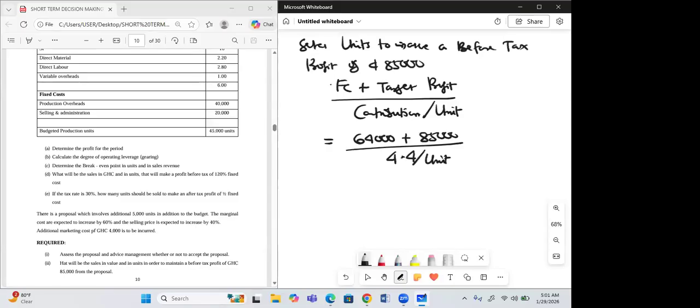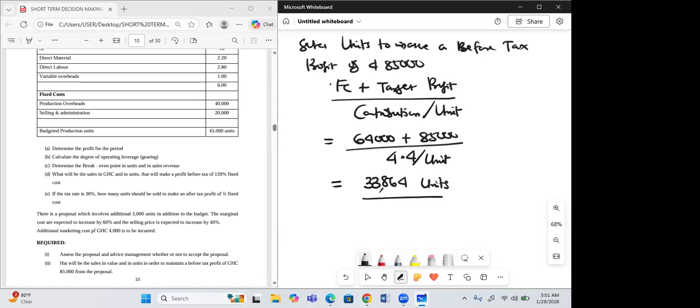When you calculate, how many units are you getting? 33,864. So that is it.